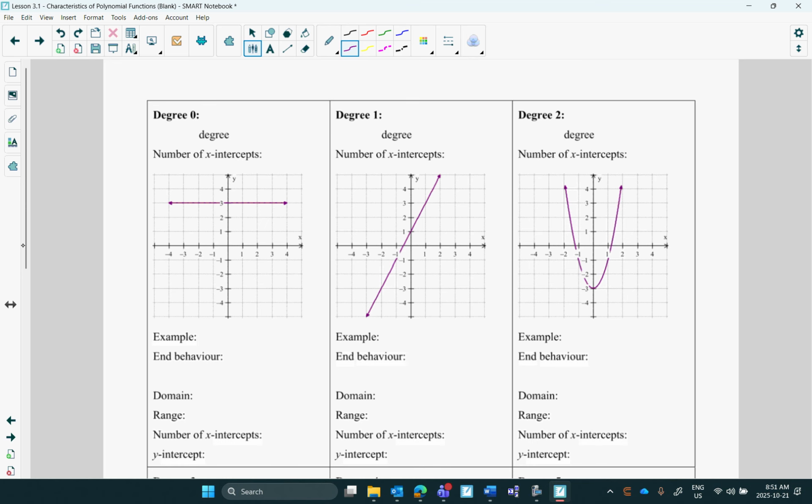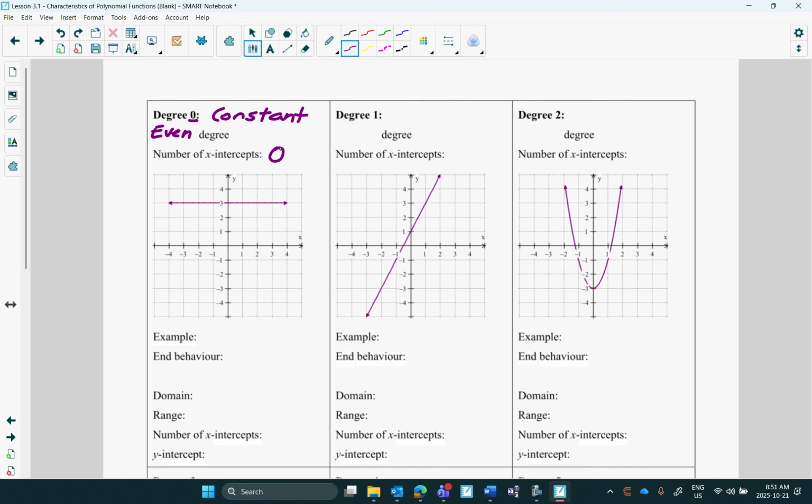So degree 0, we call a constant function. It is even degree because 0 is considered an even number. What's the maximum number of x-intercepts? 0.